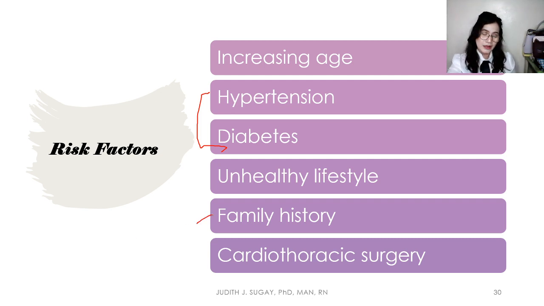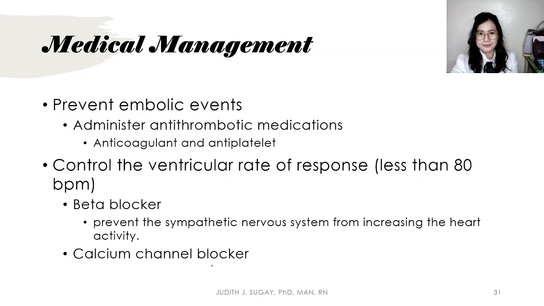And another one, it is very important as well for you to ask any members of the family that has cardiovascular disorder or cardiovascular disease. And if and when the patient has undergone cardiothoracic surgery like that of CABG or even stent placement or angioplasty.